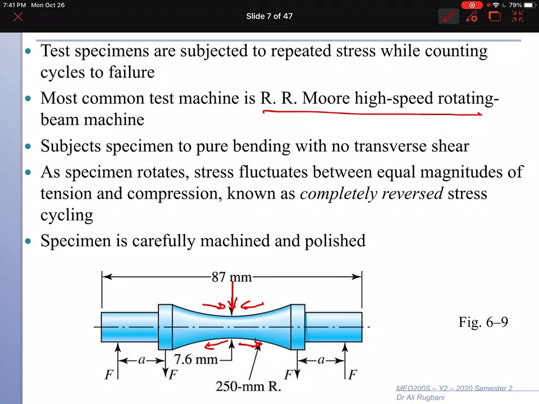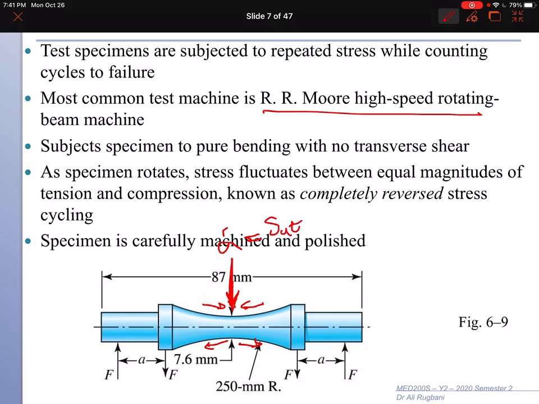Okay, so to start the test, the first run, we're going to apply a bending stress that is equal to the ultimate strength. So what's going to happen?